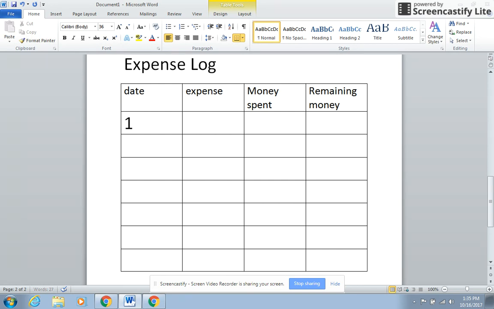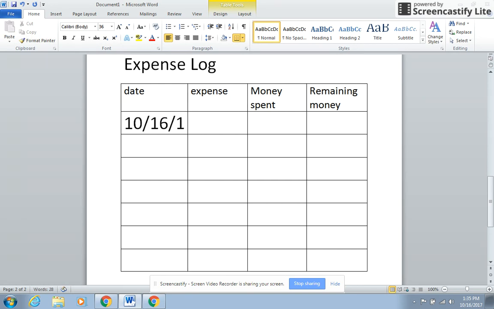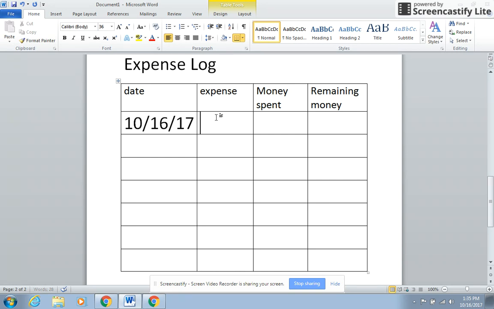So today's date is 16, and we're always going to include the year. Good habits. Let's say in my example, I was baking cookies. So let's say that the flour that I had to buy cost, I spent, let's say, $4 on it. And then I'm going to write here how much I started with. So if I say that I started with $20 in this imaginary situation, then I just have to subtract whatever was right here.